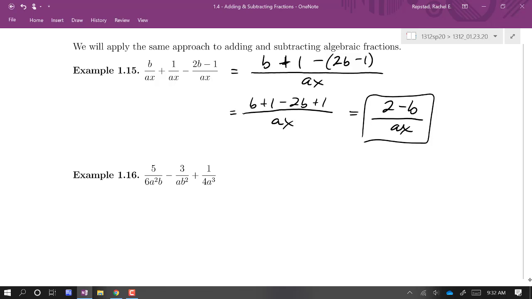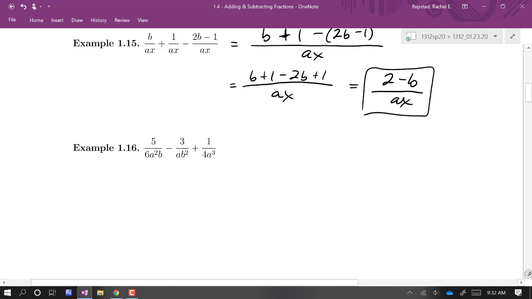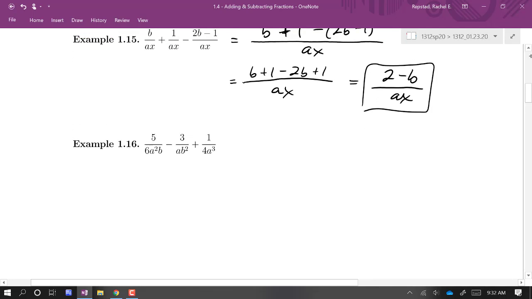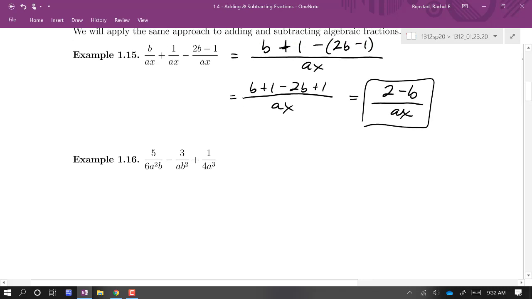What do we do? How do we start this next one? So, I mean, we all see that they don't already have a common denominator, right? So, Aiden, what should we do first?